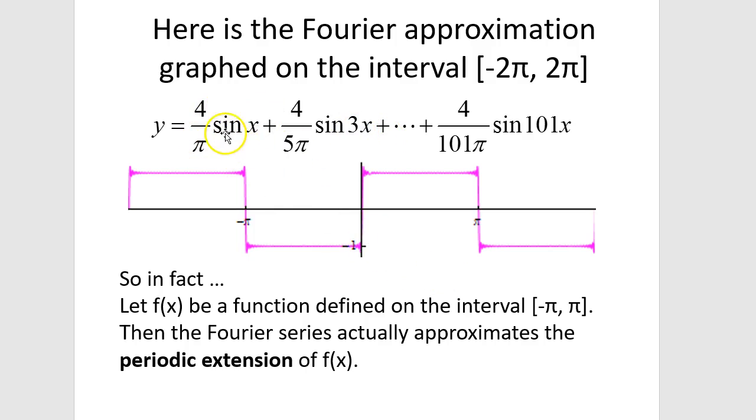This function has a period of 2 pi, so whatever you have here will be repeated again, to the left and also to the right. It's like taking this graph and pressing Control-C to copy, and then Control-V, Control-V, Control-V to the right, and Control-V, Control-V, Control-V to the left. That's what the graph of this function would do if you drew it in a larger interval.